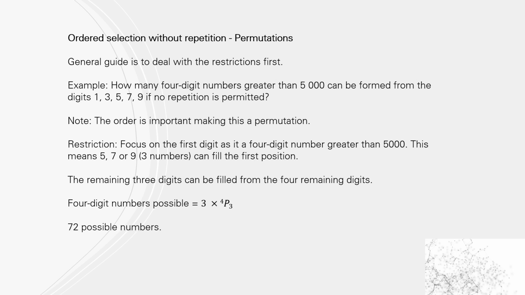So that first digit has 3 possibilities, times 4 remaining digits to choose from, and we want to fill 3 positions. That's 4P3, because the order is important for those. If you answer that on your calculator, you get 72.